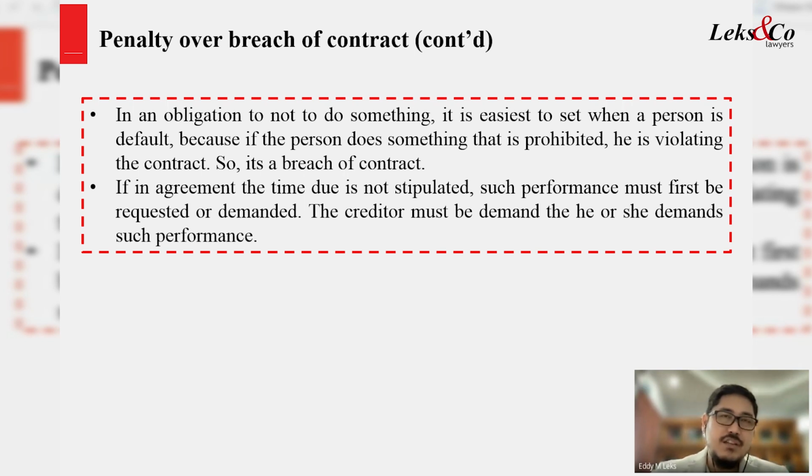So if there are no stipulations or provisions in the contract about the timing, then you can create the timing by giving a letter of demand. You give them time to proceed with their obligation. If they don't proceed with their obligation, then these consequences will happen.